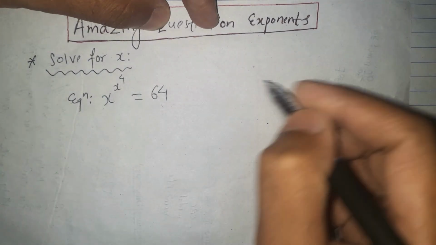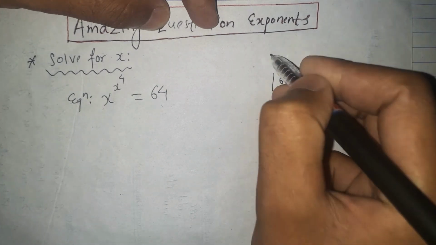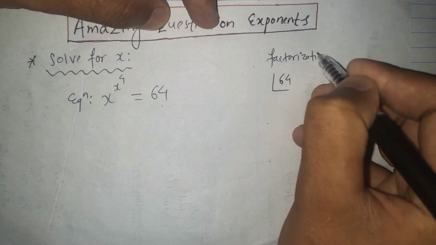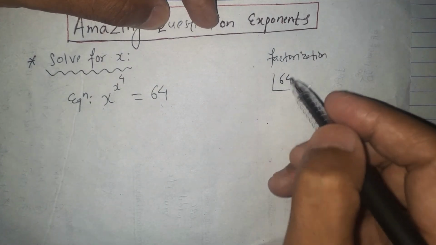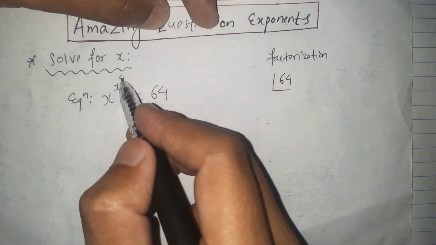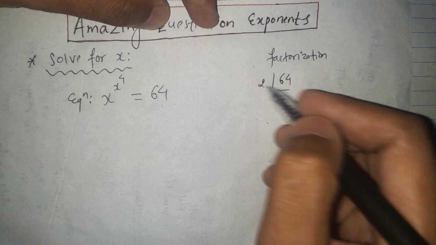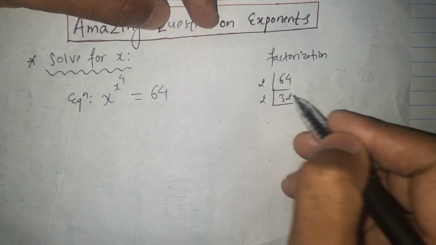Let's try. Let's factorize this number 64 first. Here I am going to factorize it. This is divisible by 2.